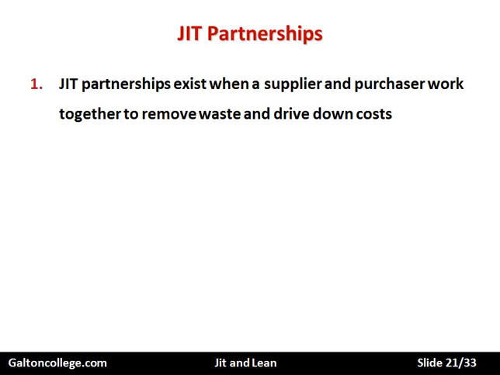Now, JIT partnerships. Well, JIT partnerships exist when a supplier and a purchaser work together to remove waste and drive down costs. And this means that the companies are working together for their mutual benefit. It could be that one company, the buyer, let's say, has access to the other company's database on supplies.